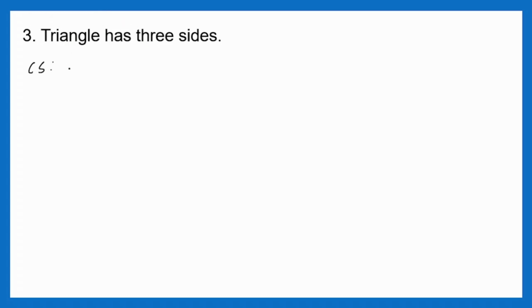Kasi hindi siya maganda pakinggan. So, aayusin natin. So, pwede siyang, if it is a triangle, then it has 3 sides. Pwede yung ganon. Sulat ko. If it is a triangle, so nagdagdag na ako ng it is a triangle, then it has 3 sides.